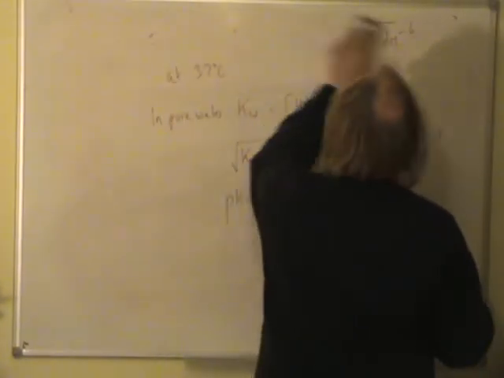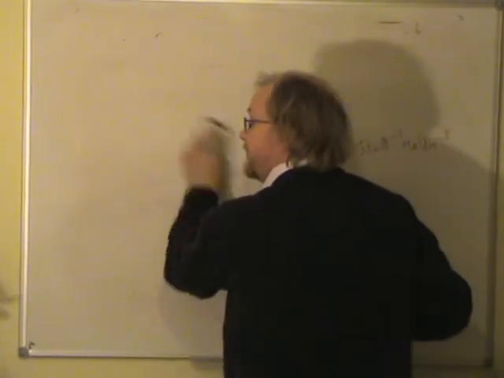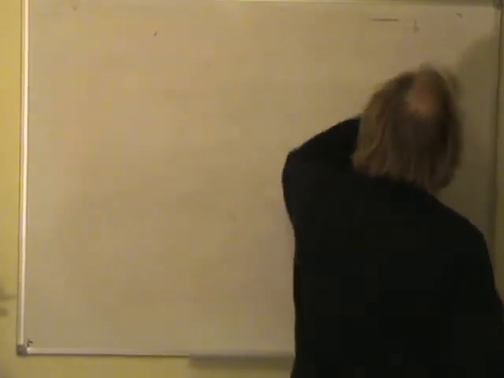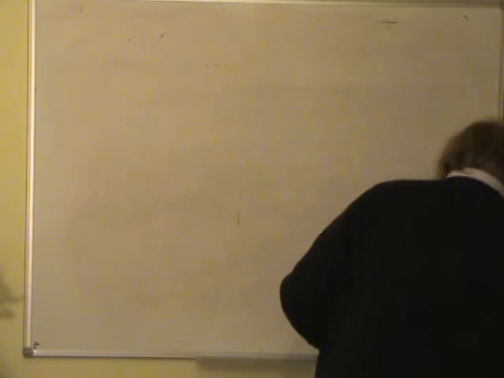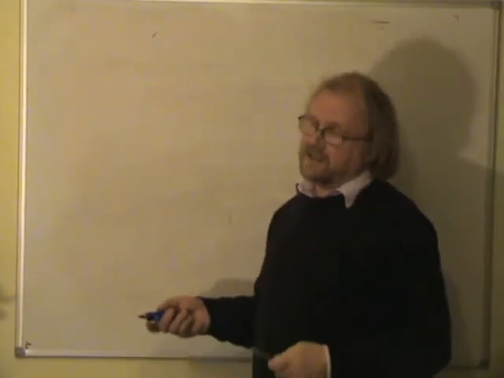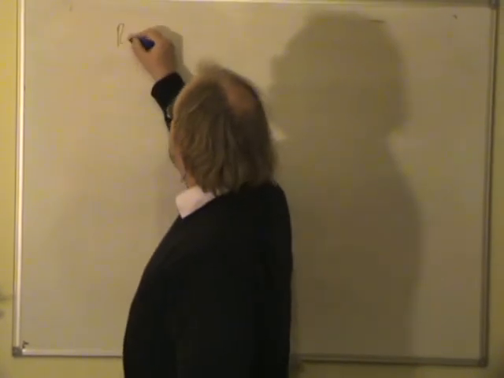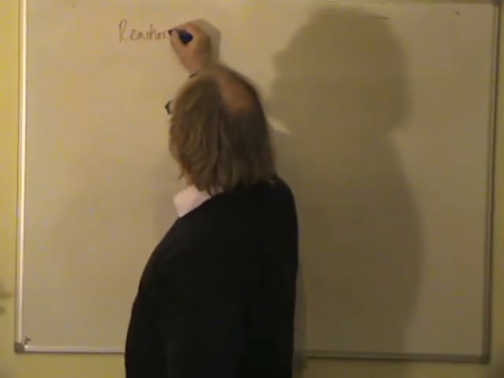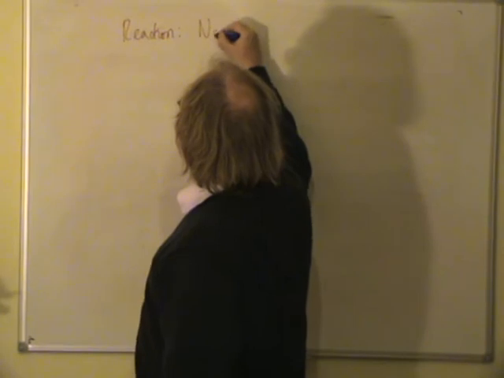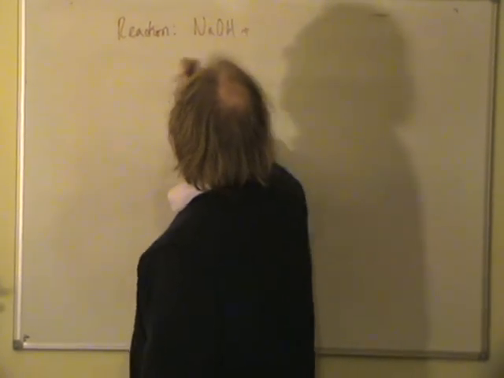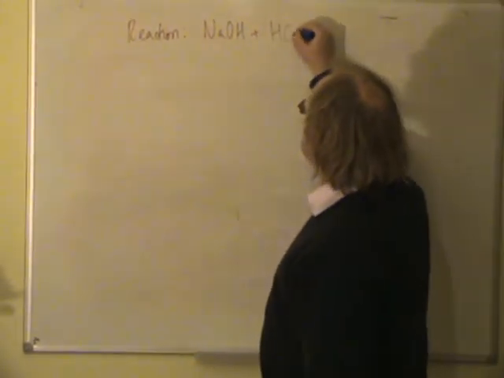So what we're looking at is enthalpy change of neutralization. The first thing is that we've got to identify a neutralization reaction. So choose something simple, and let's say our reaction is going to be sodium hydroxide plus HCl. It's probably the most obvious neutralization.